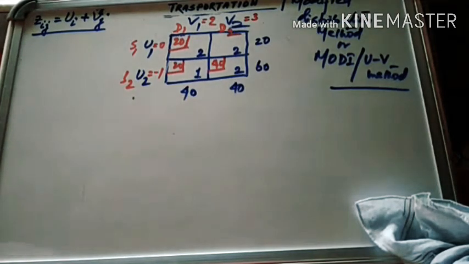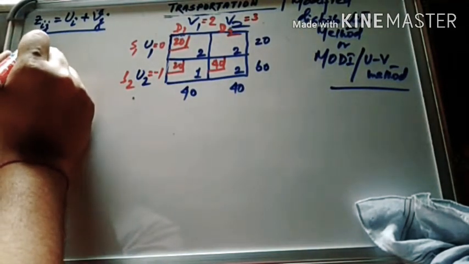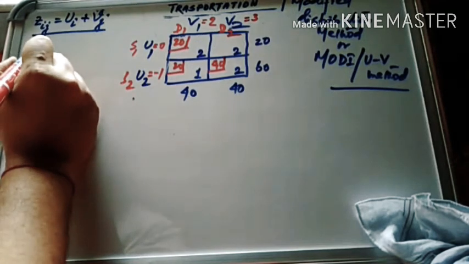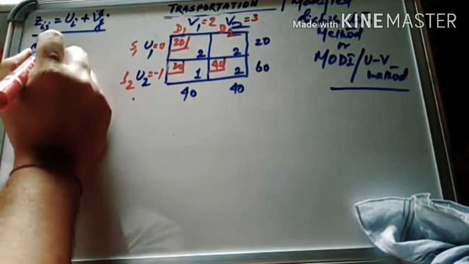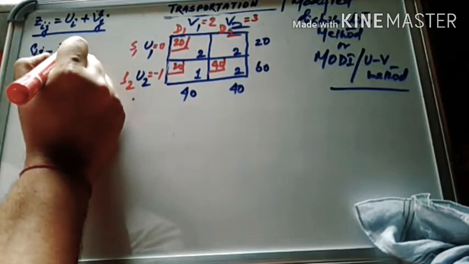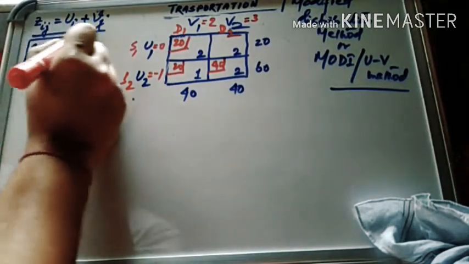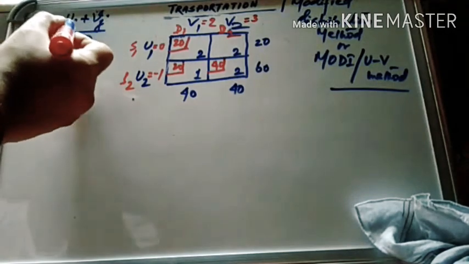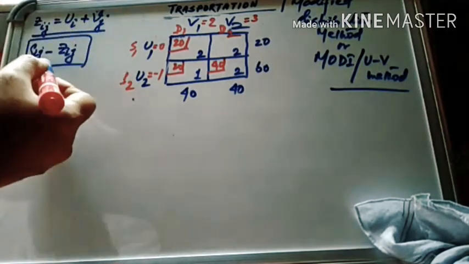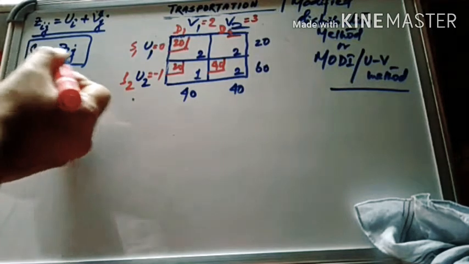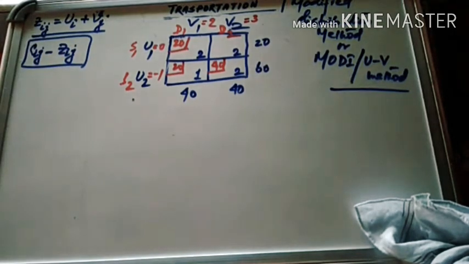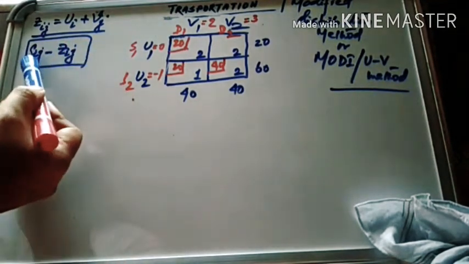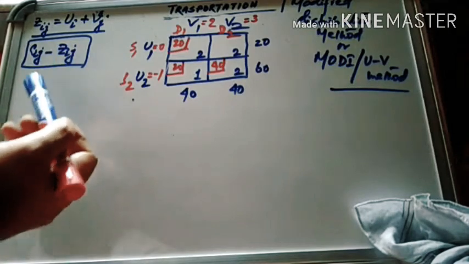Next we have to find the value of Cij minus Zij. First we have to calculate Zij, which is a summation of Ui plus Vj. Next we have to calculate the values of Cij minus Zij for all unallocated cells. Keep in mind, for all unallocated cells we have to find Cij minus Zij.